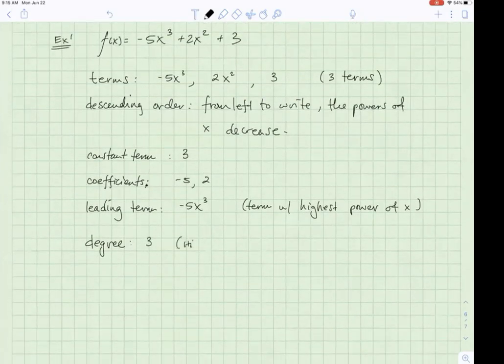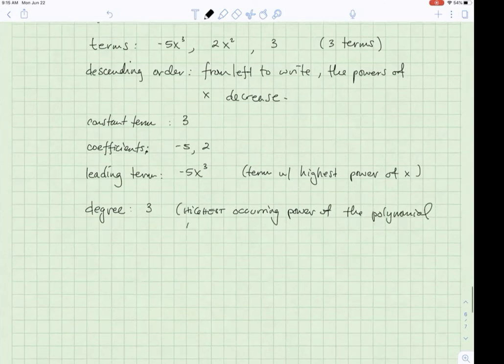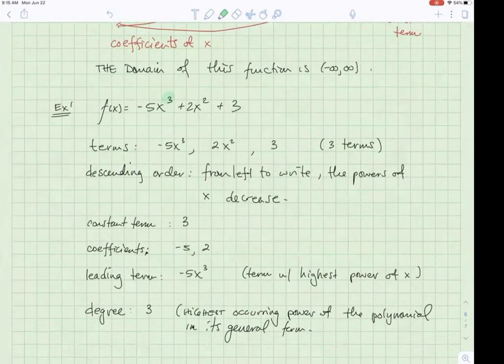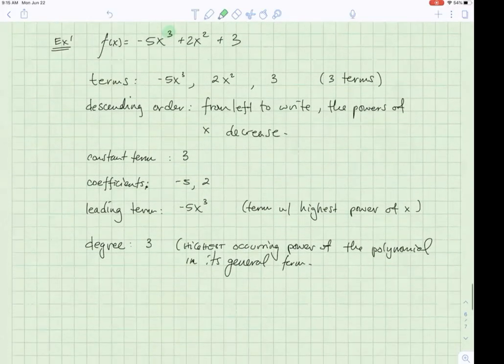This is the highest occurring power of the polynomial in its general form. So what we're referring to here when we talk about degree is that highest power of x. So those are some basics about just the bits and pieces of polynomials.